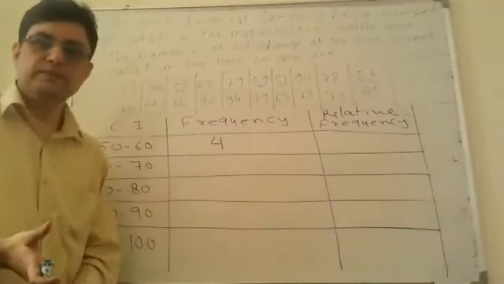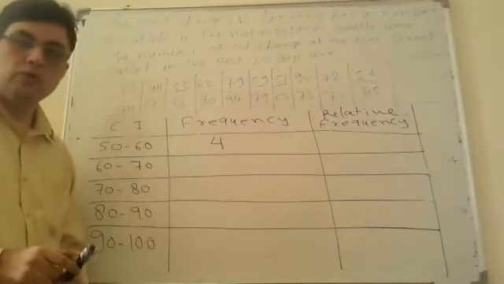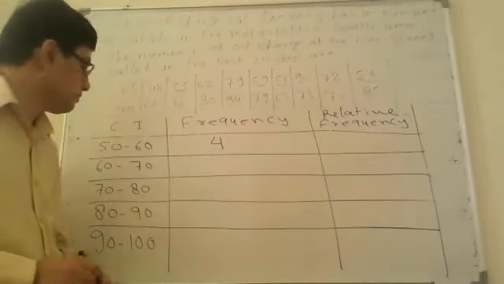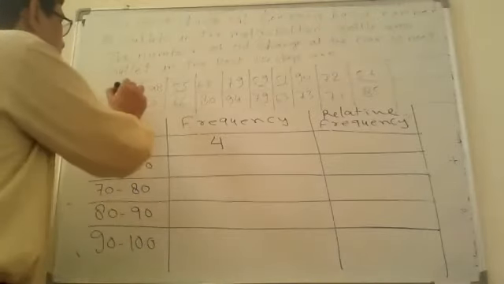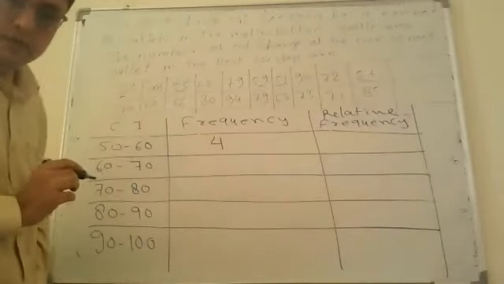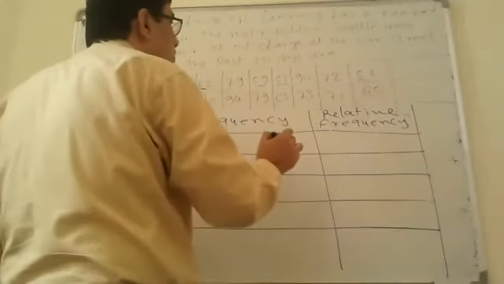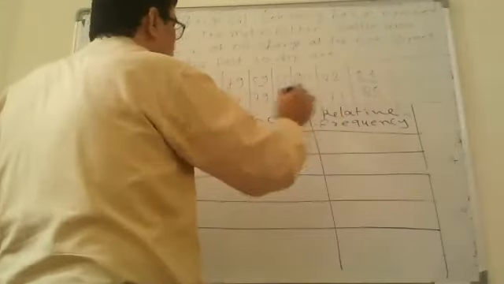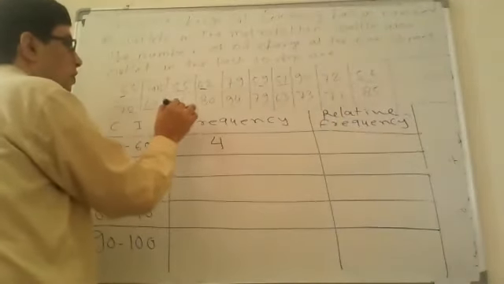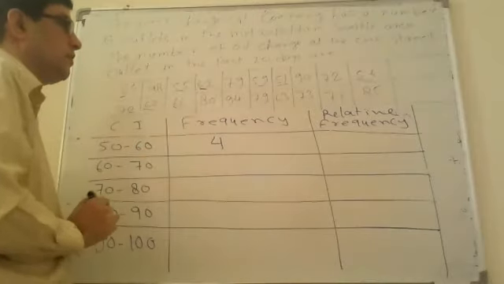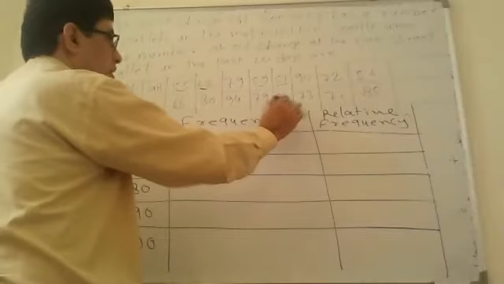The next, how many values are more than 60 but up to 70? So more than 60: 1, 2, 3, 4, 5 and 6.